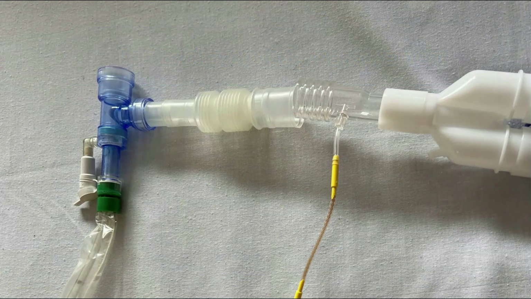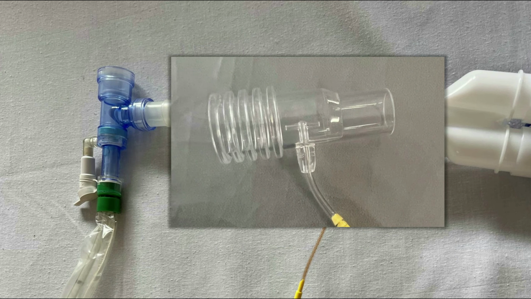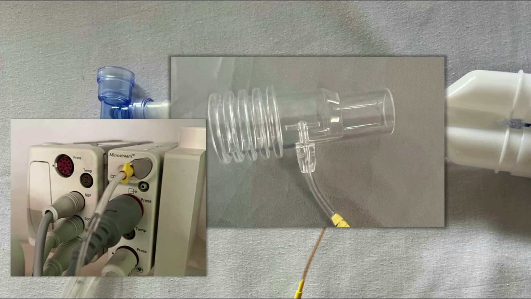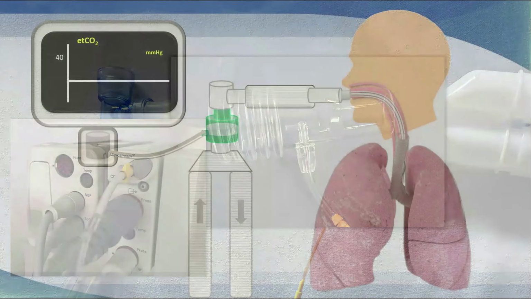In the ICU, this is the typical setup for end tidal CO2. It's connected between the patient's ventilator tubing and their catheter mount, and that's the device there. Gas is sampled through that little tube, and then the sampling tube is connected into the monitoring system.